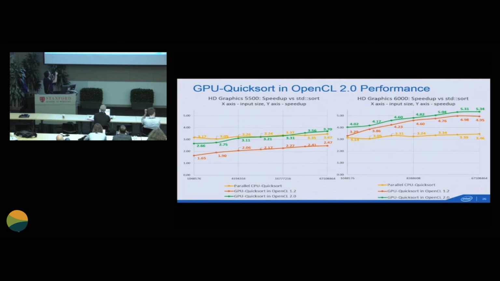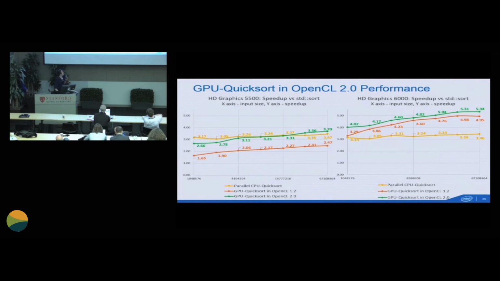The red line shows the GPU quicksort in OpenCL 1.2, and the green line shows GPU quicksort in 2.0. What's cool about this graph is that for array sizes from 1 million to 67 million elements, GPU quicksort in OpenCL 2.0 consistently outperforms your CPU.